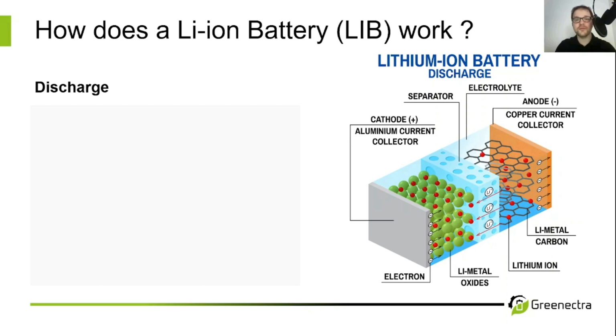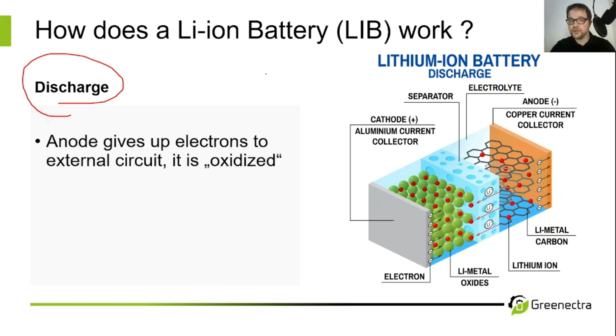We will have a look at the way we use these terms within the lithium-ion battery world, and I will tell you that our way of usage is actually wrong according to strict electrochemical definitions, but only during the charge process. Let's have a look at it together. Let's have a look at the discharge first. During discharge, our anode gives up electrons.